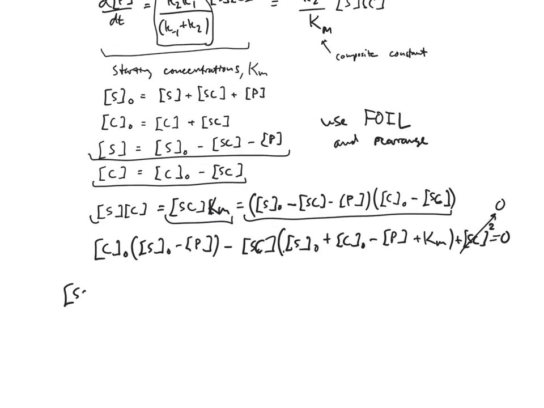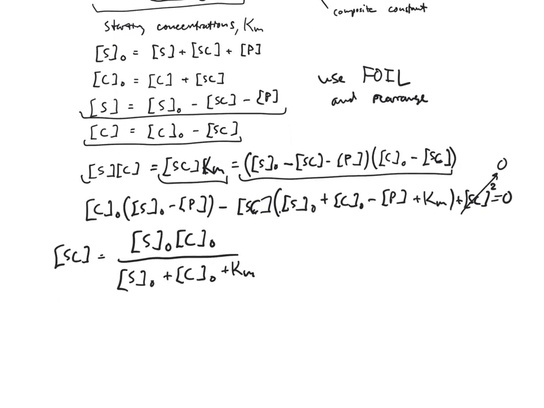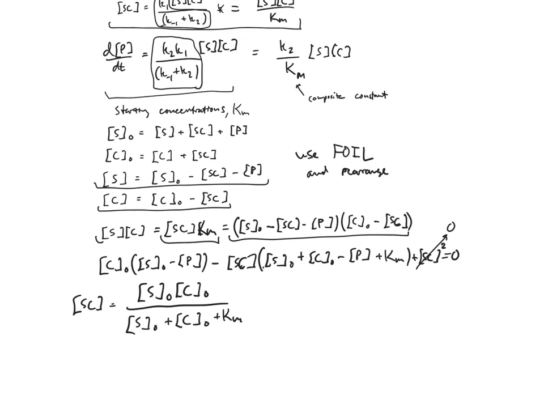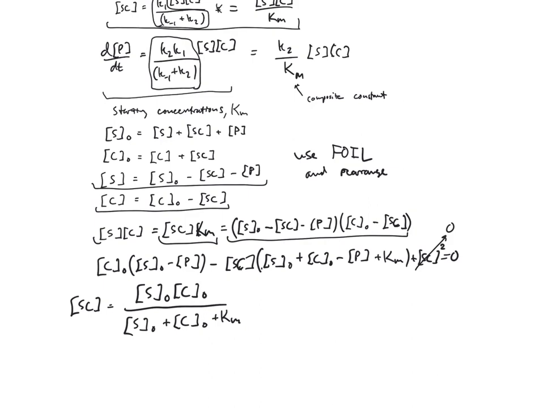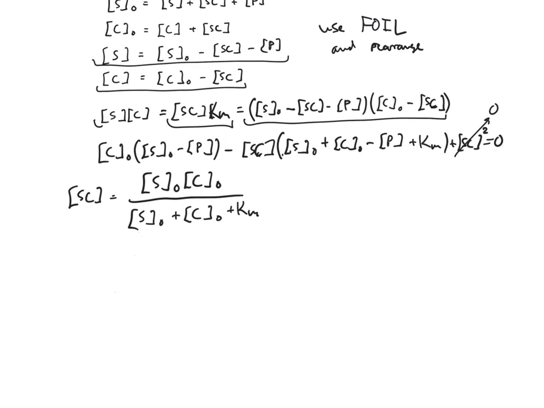But now we are going to find that concentration of the intermediate, and it's going to be a fraction of starting substrate concentration times the catalyst concentration, starting concentration of S, plus starting concentration of C, plus Km, like that, the composite constant. And so now we're ready to plug this right into our expression for the rate.